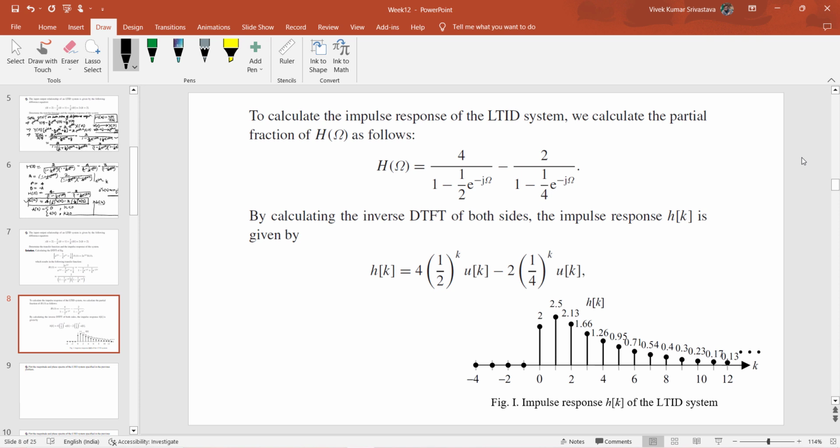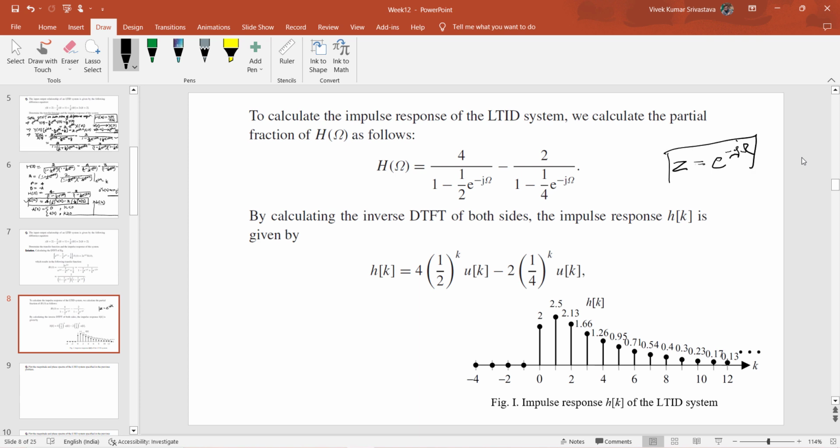Sir, just one question. Can we say this transfer function is causal? Yes, because h of k for k less than 0 is 0, so it is causal. And we can also do this through the Z transform, taking the Z transform and then the inverse Z transform, because we already know the relationship between z and its discrete time Fourier transform is e raised to the power minus j omega.